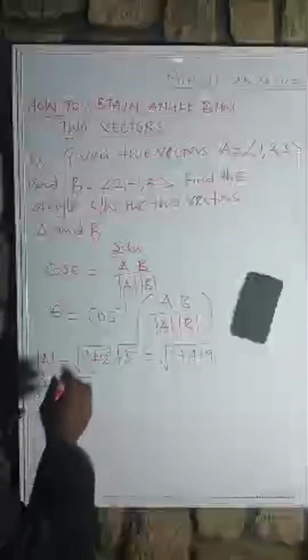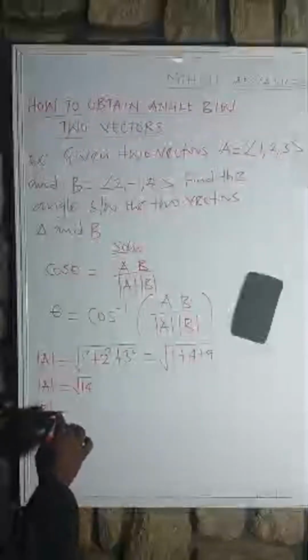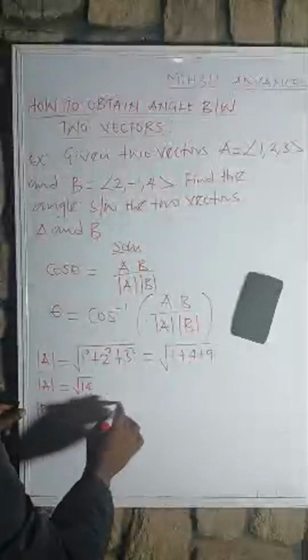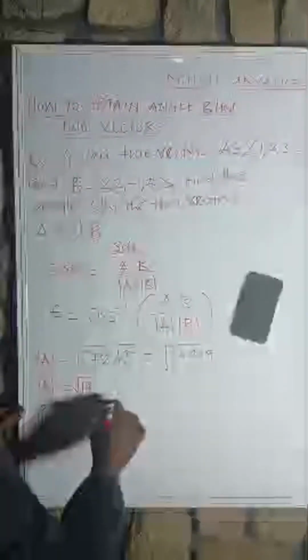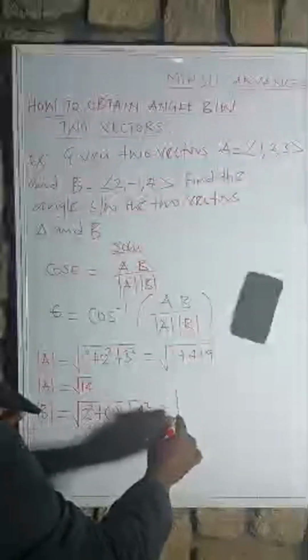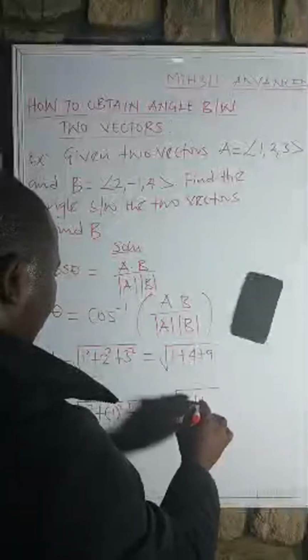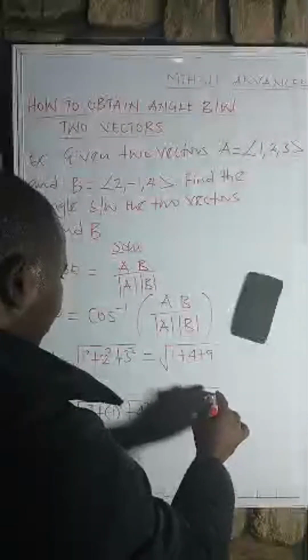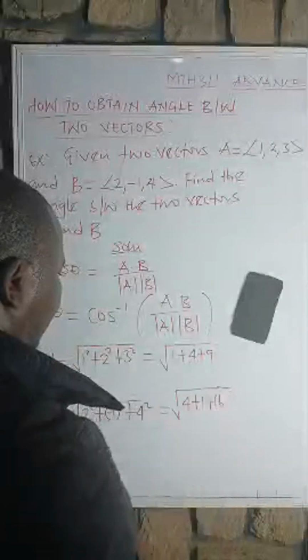Then let's obtain B. The magnitude of B is equal to the square root of x is 2 square plus 1 square plus 4 square, which is 4 plus 1 plus 16, right?